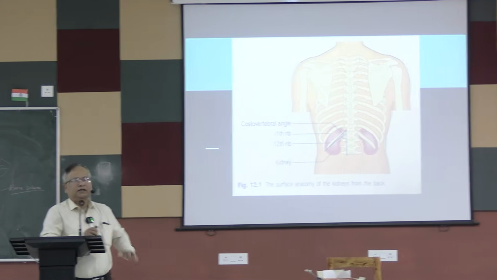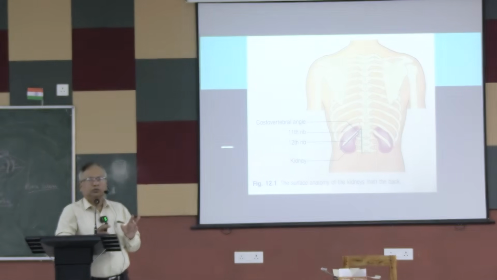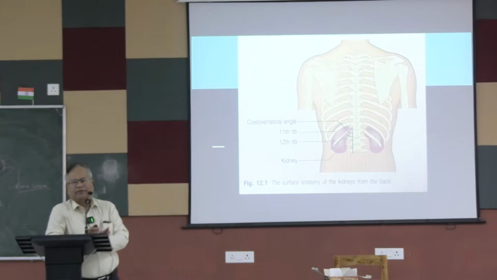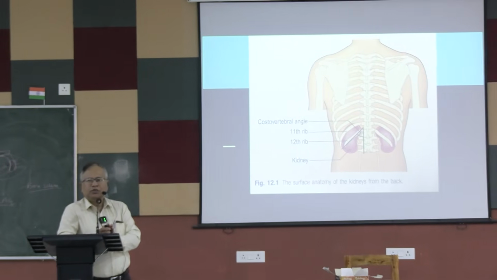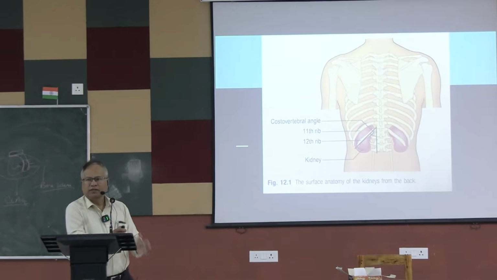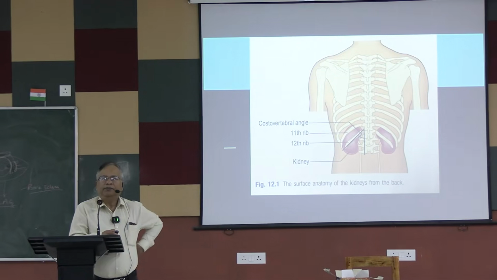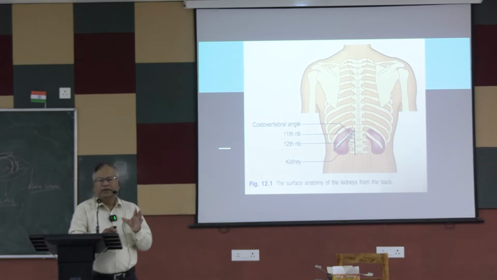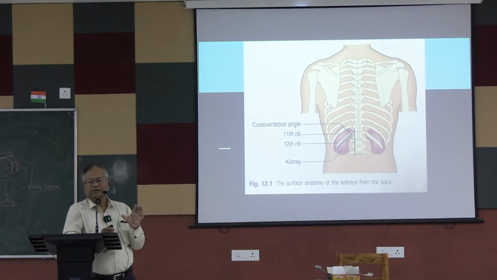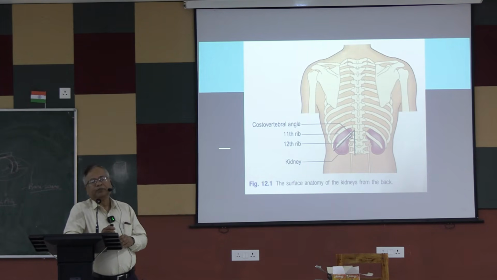Now, first clear two terms. One is nephrology and the other is urology. Both sound the same, but actually nephrology deals with the medical aspects of the diseases concerning the kidney and the urinary tree, and urology deals with the surgical aspects.